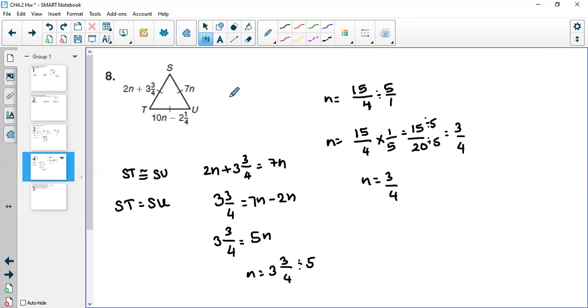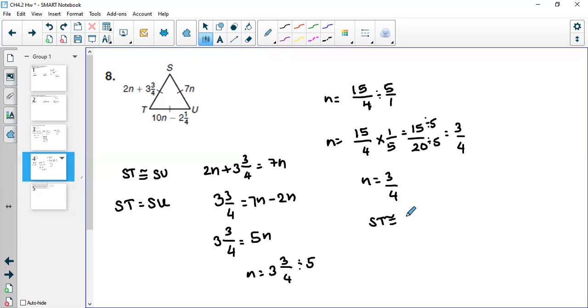Now you can just replace any one side with 3 over 4 and find out, because that makes all the other sides equal too. All I'm going to do is multiply and take any easy one. Let me take SU. But let me write the statement first.